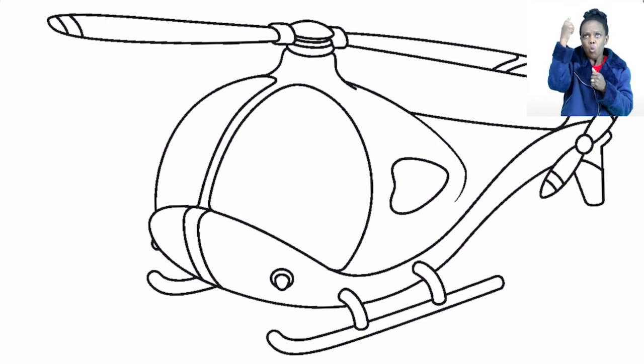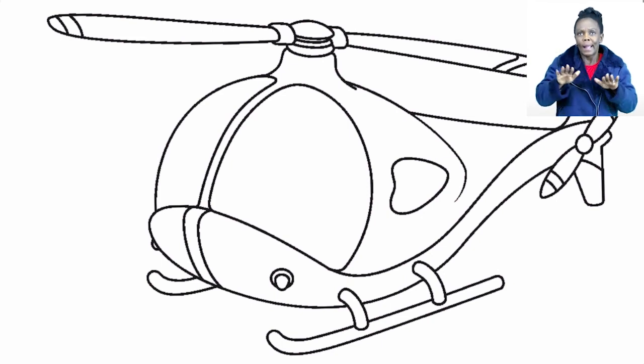Just like the aeroplane, I would like you to color this one in different colors as well. Make sure that you use more than 5 colors and make it as bright as possible. Also remember that the aeroplane and the helicopters are the types or modes of transport that move around in the sky. Enjoy yourselves, my children.